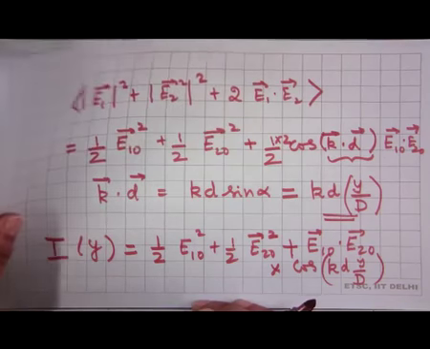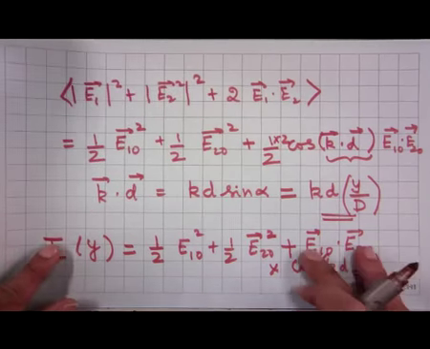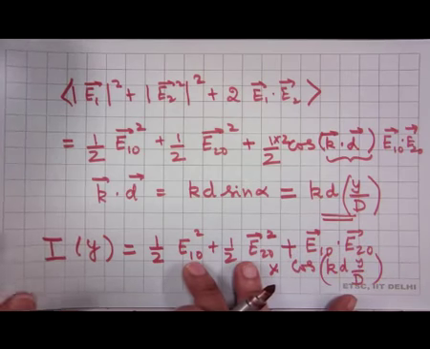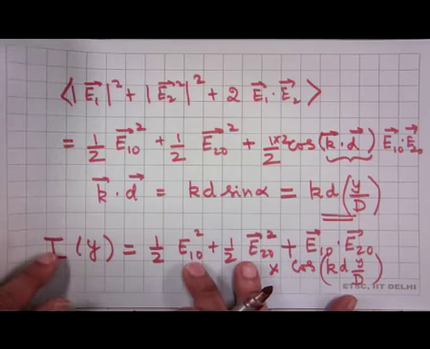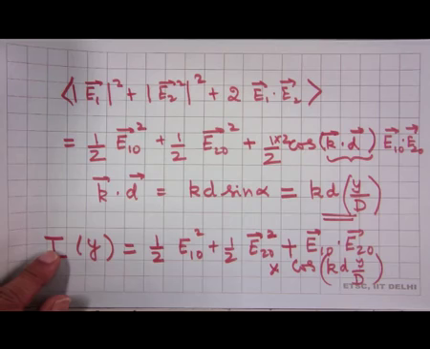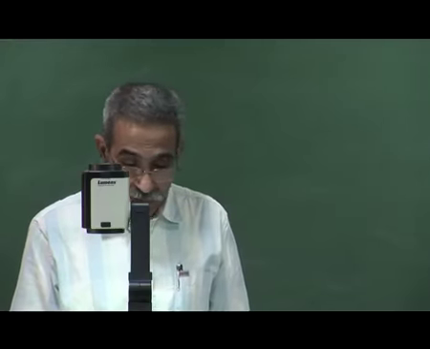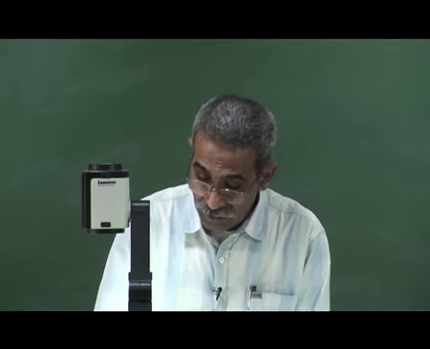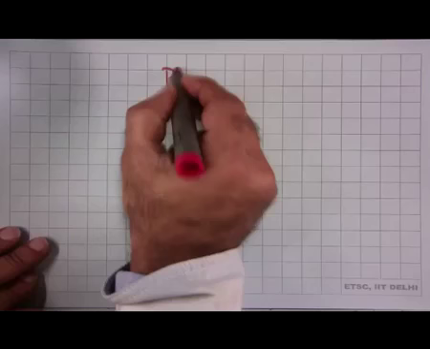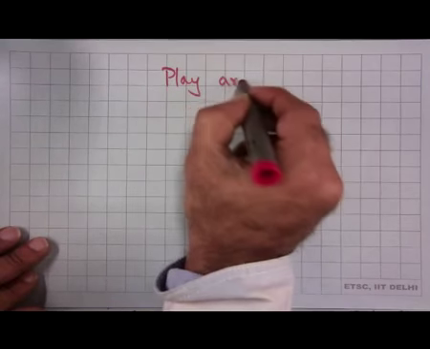Or if you are looking at the minima, this E10 dot E20 will exactly cancel the contribution coming from these two terms. That is the standard analysis. But all this will work if and only if my E10 is parallel to E20. Now what I can do is to play around with polarization.